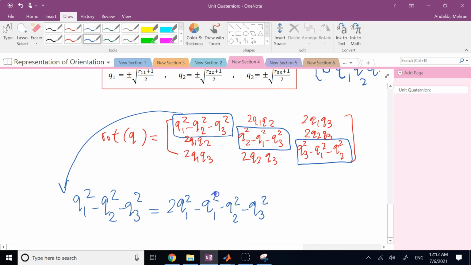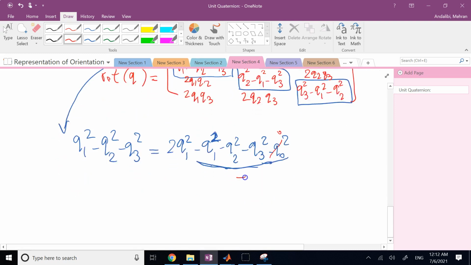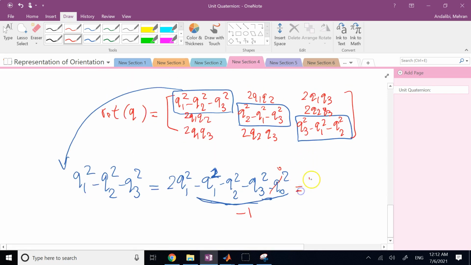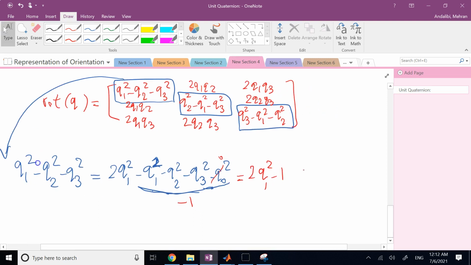Now, how much is this here? If I also had a Q naught squared here, that would be the norm squared. But remember, Q naught is 0, so of course I can add a 0, no problem. So this whole thing should be negative 1. So that element is simply 2Q1 squared minus 1, and that should be equal to element R11.